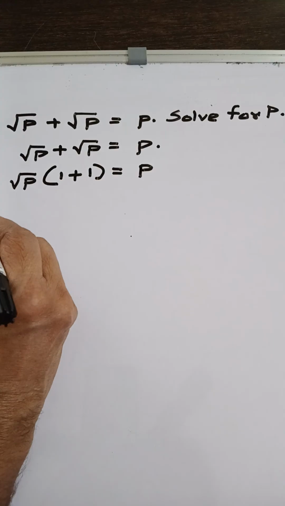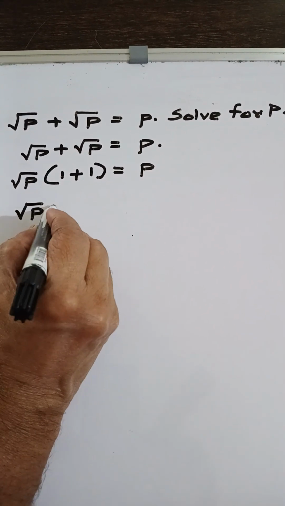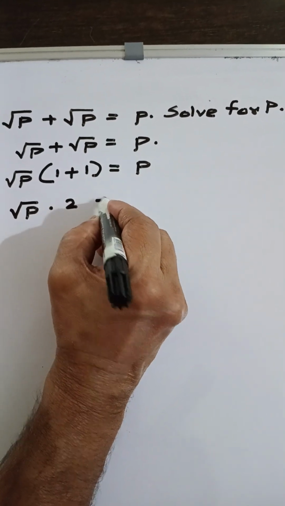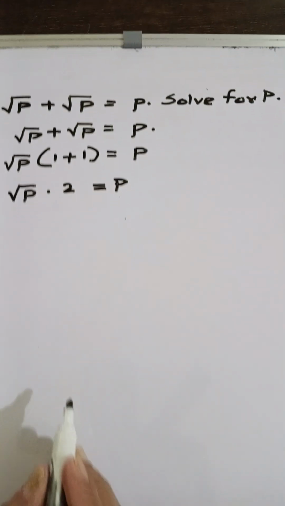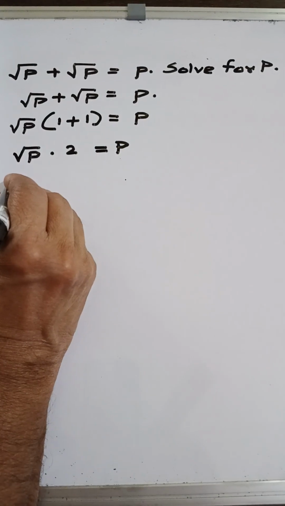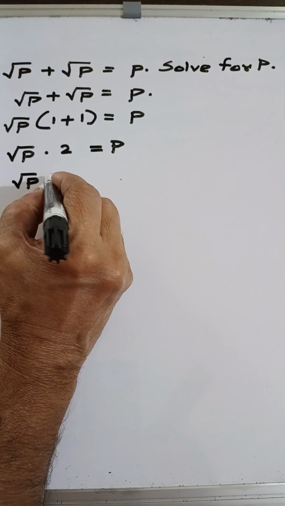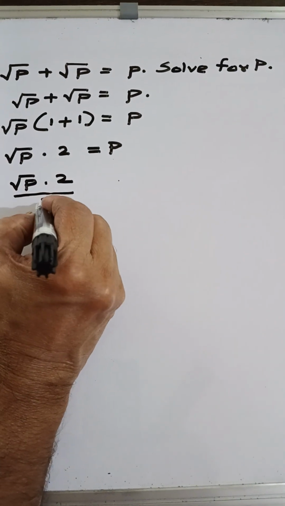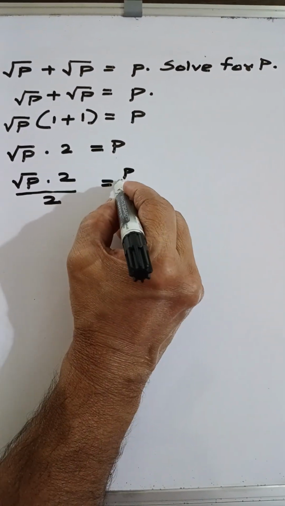That is, root p into 2 equals p. I am dividing root p into 2 by 2 equals p by 2.